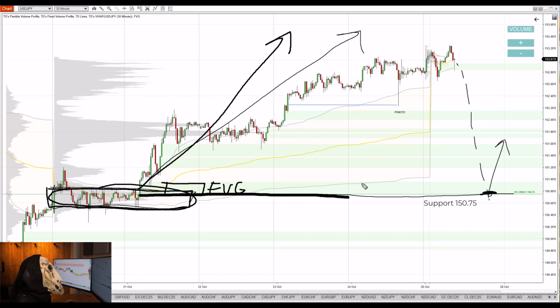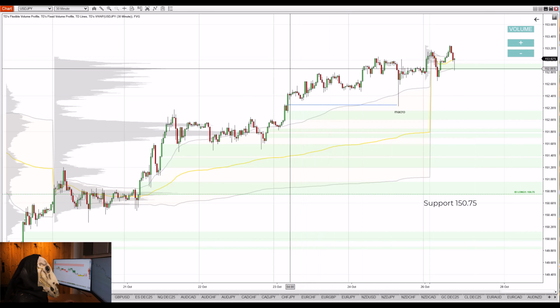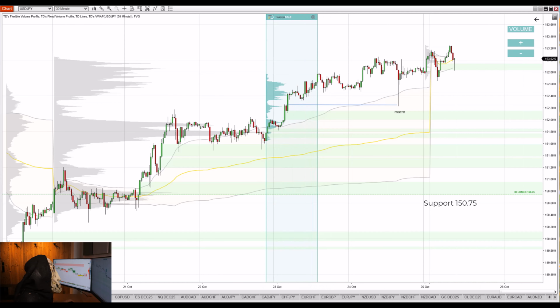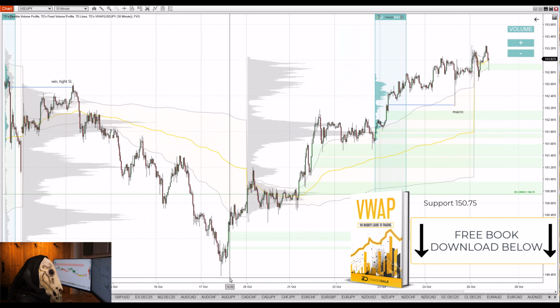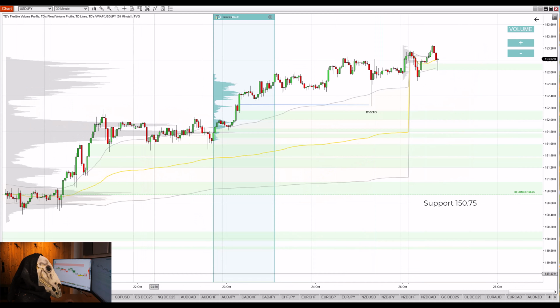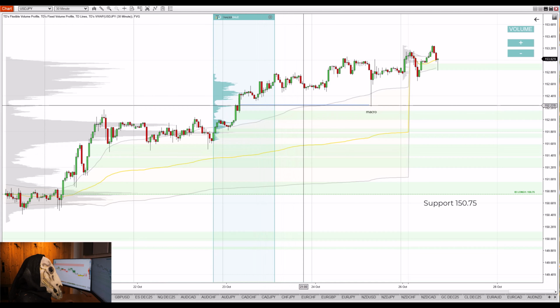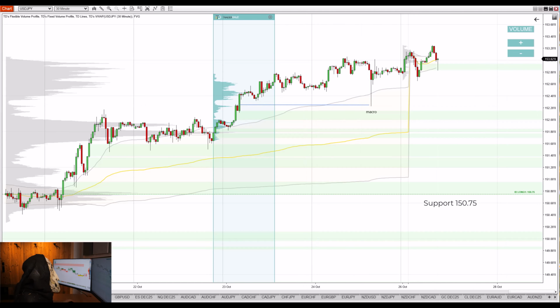Alright, by the way, there was a nice level here on the Japanese yen. This little volume cluster, beautiful reaction to it. Unfortunately, this happened during macro news. This was the CPI news on Friday, so I wasn't able to trade this because of the news. I'm not trading during the news, but it was a good level to trade from, if only it wasn't hit during the macro news. The reason is that there was that favorite combo of mine.